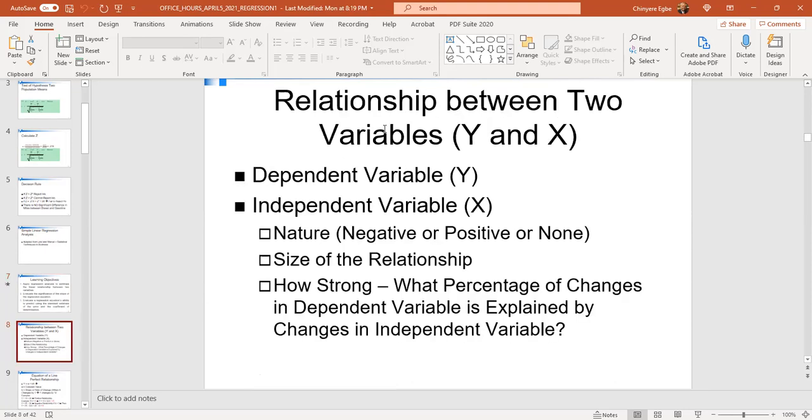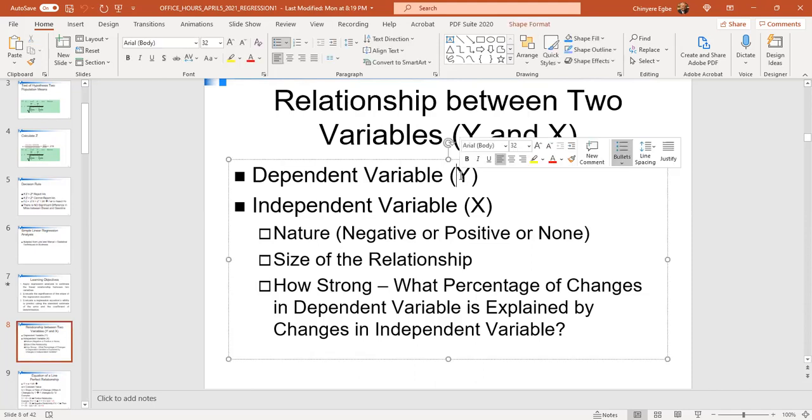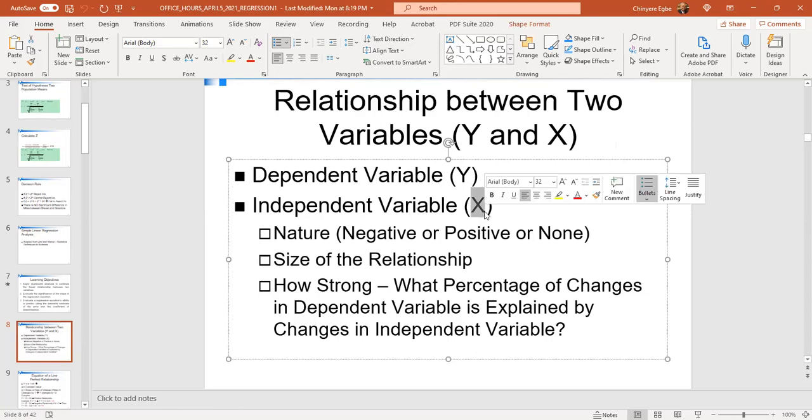All right, so like we said, in regression analysis, we are looking at the relationship between two variables, y and x, okay? The dependent variable is y. For example, how much you spend on food is a dependent variable, okay? An independent variable will be how much income you have.